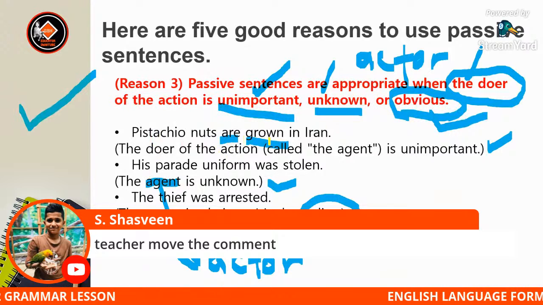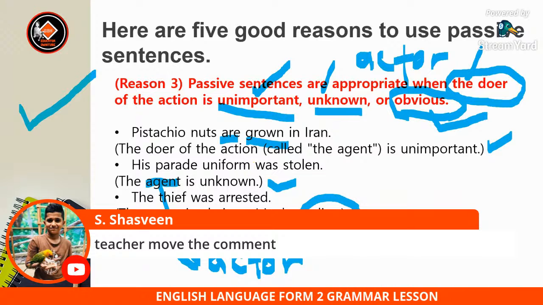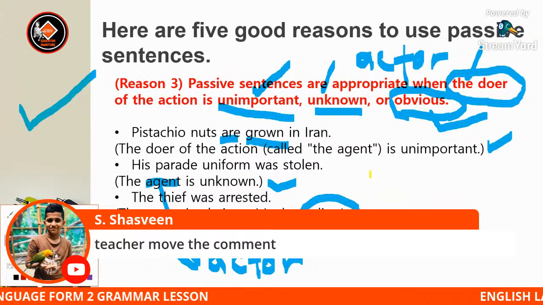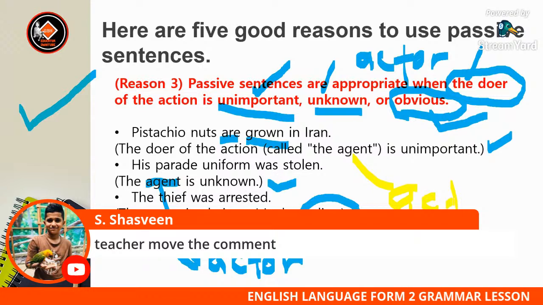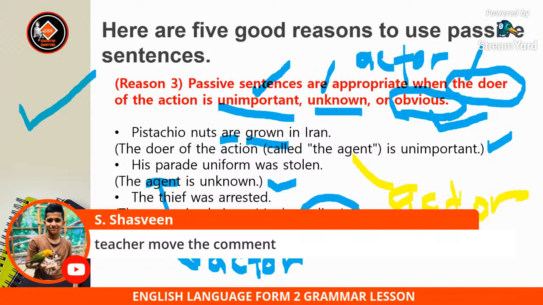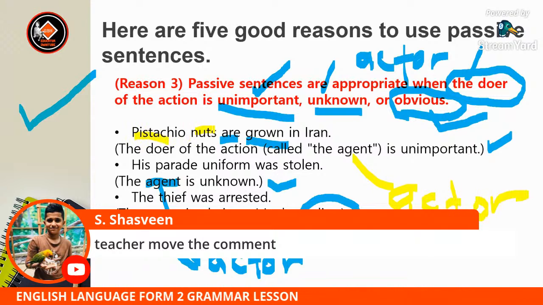Example: pistachio nuts are grown in Iran. So here the actor is not important. So you only need to know pistachio nuts can be grown.